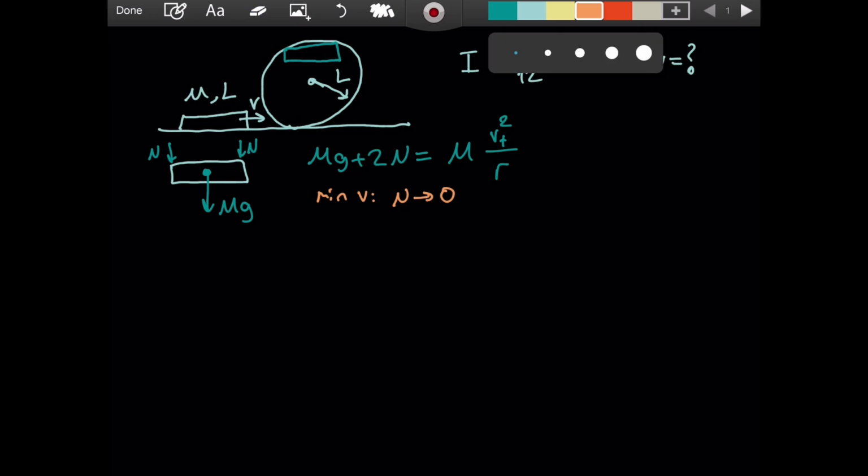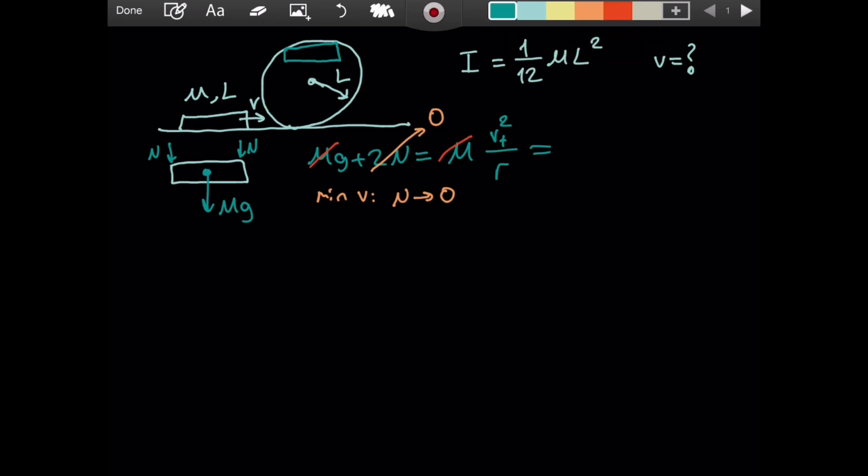Hence, we can say that N goes to 0 in the limit if we are calculating the minimum initial speed. In that case, we can also simplify by m to get that the speed squared at the top will be equal to g times the radius of the motion.